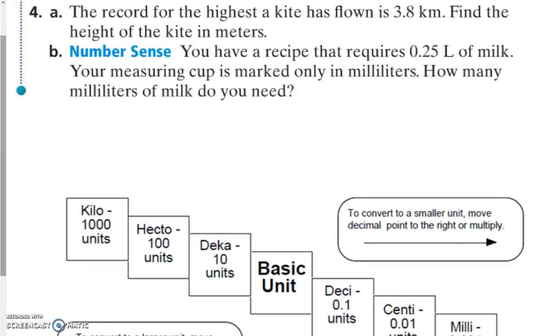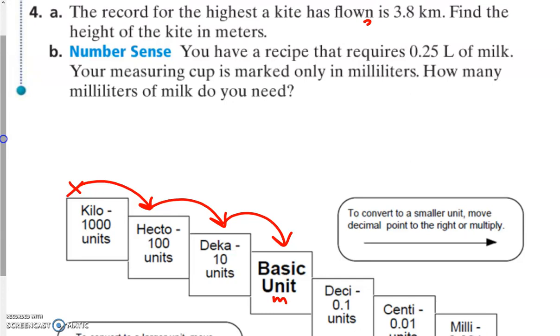Alright, so you checked it out. Letter A talks about the highest kite ever flown. Now this is from our book, which is approximately 10 to 15 years old, so that record maybe has been broken. But anyway, 3.8 kilometers, that's pretty high up. They want us to change the kilometers into meters. So again, we're going to figure out where to start. We're starting at kilometers. It says change them into meters. 1, 2, 3 jumps because meters are a basic unit.